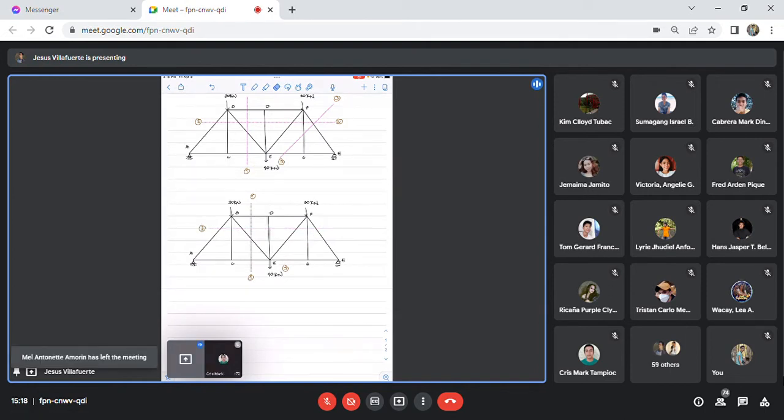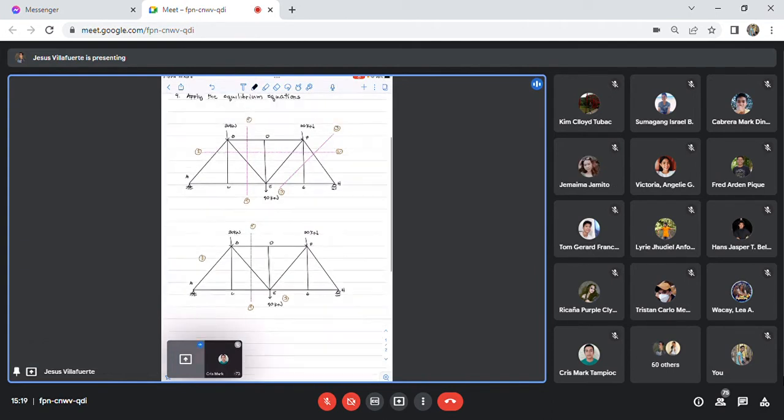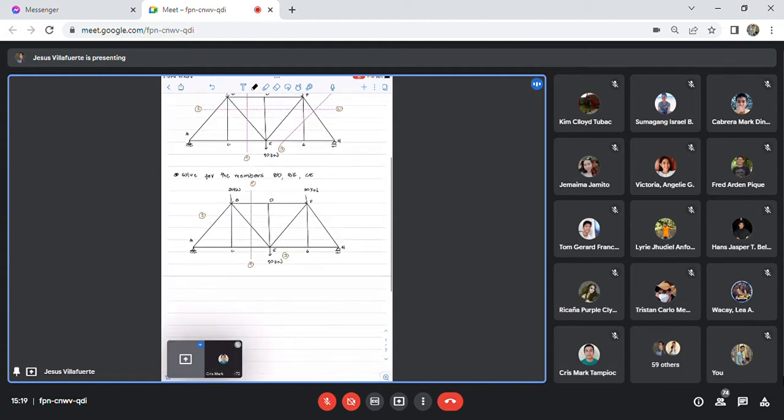Let's say I'm interested in solving members BD, BE, and CE. So what does it mean if this truss is symmetrical?